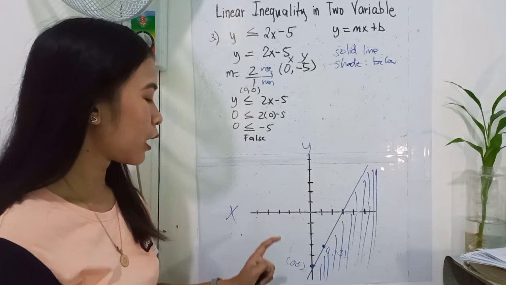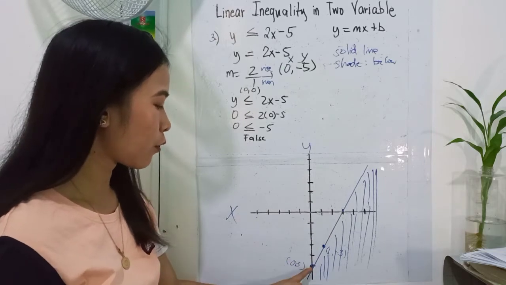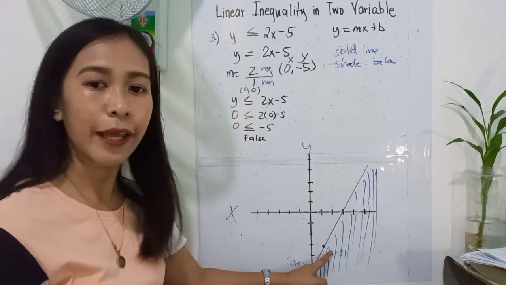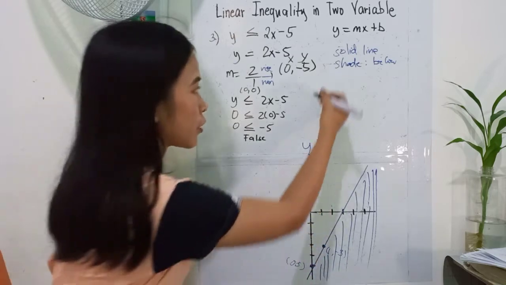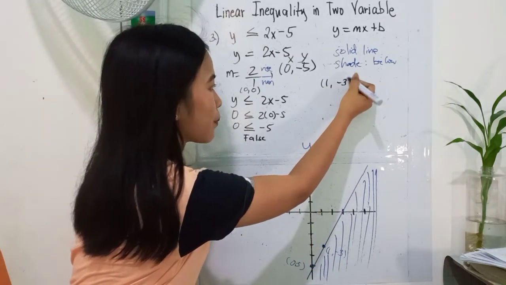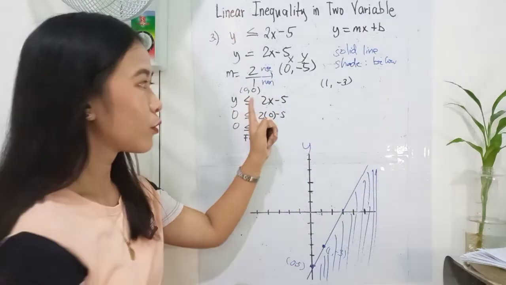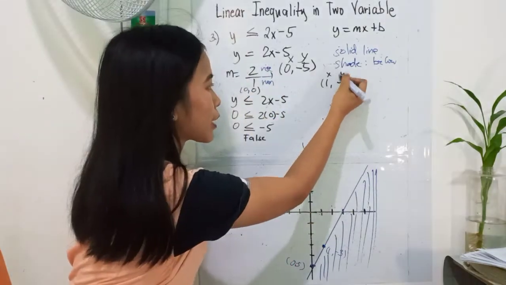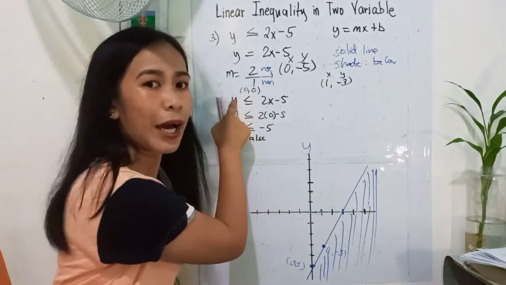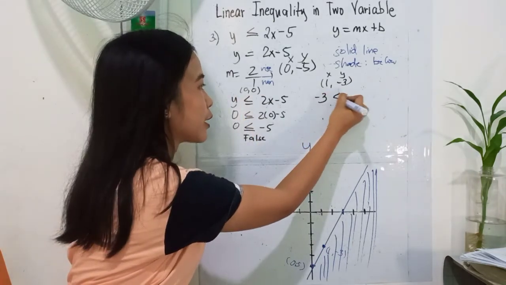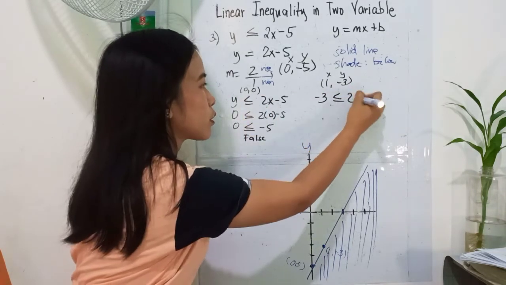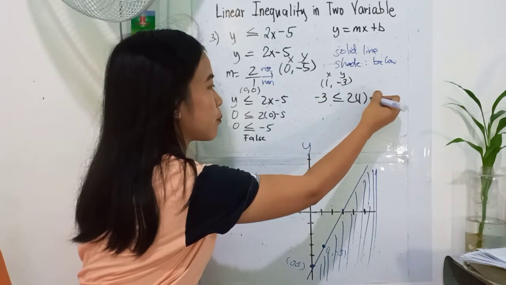Now, try naman natin gamitin itong 1 and negative 3, yung nakuha nating ordered pair, para mapatunayan natin na yung solid line ay solution set nila. So, ilagay natin to. We have x and y. Substitute lang again. We have y, so negative 3 yan, less than or equal to 2 times x, which is 1, minus 5.